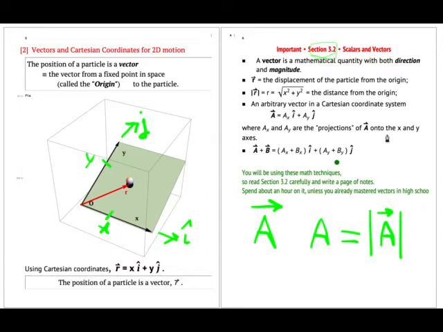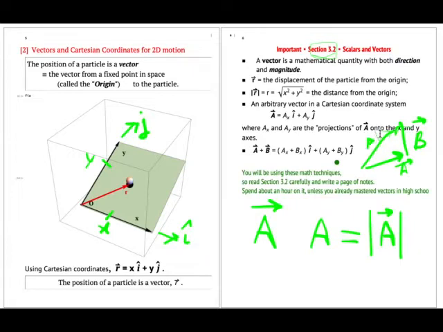Often you'll have to add vectors. Geometrically, you add vectors by saying A plus B. Let me just set B in some other direction. This is the direction of B. A plus B is this vector. So geometrically, if I have vector A, put an arrow over it so I remind myself it's a vector, and I have vector B, which will have a magnitude and a direction, then this is the vector A plus B. But that's geometrically.